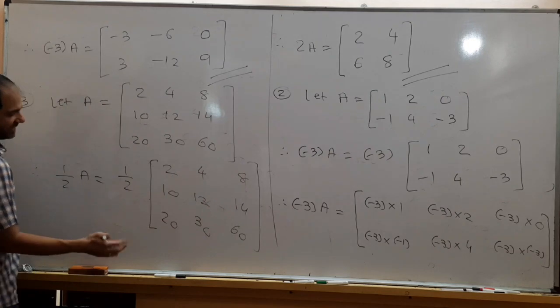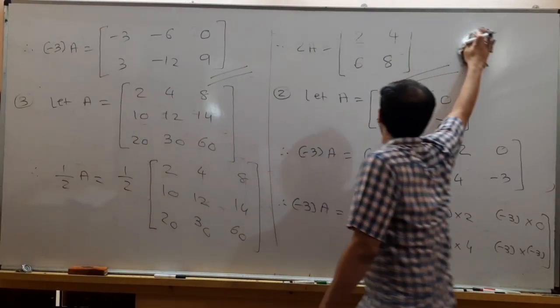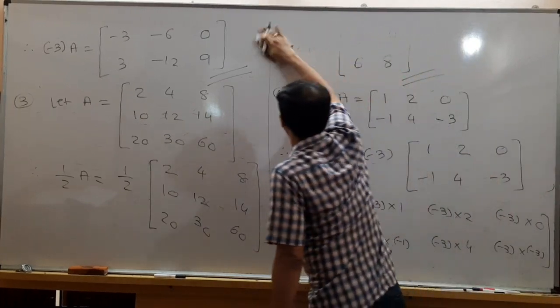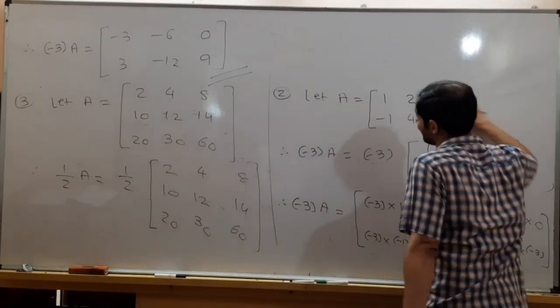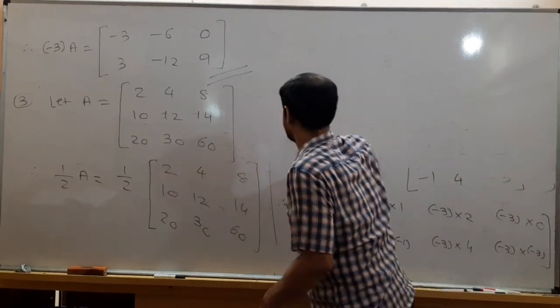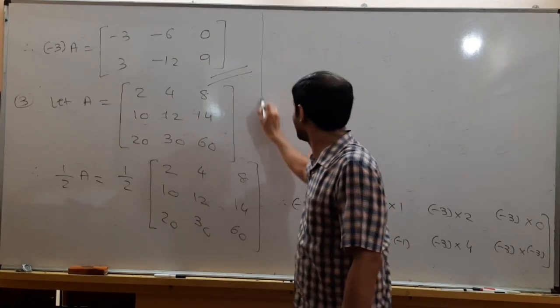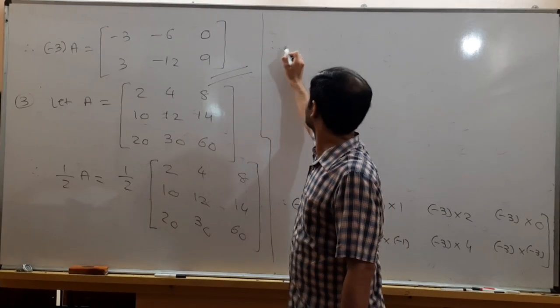So what has to be done is to multiply by half. Now see, it is not nice to show multiplying half to every element. There are 9 elements, so it's better we do it directly, and let me show you how.